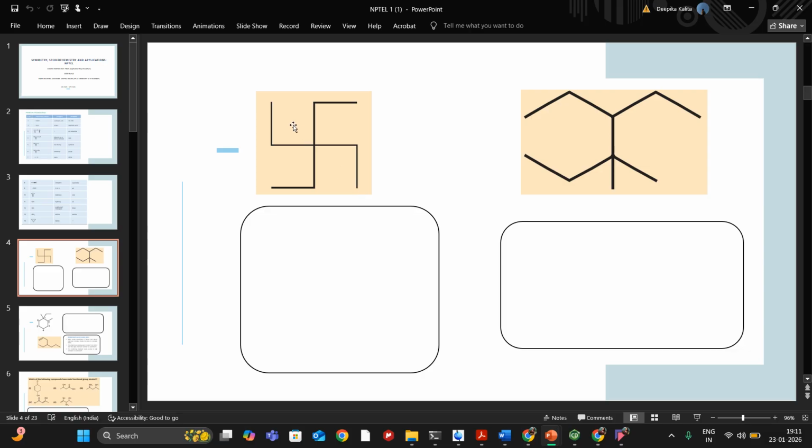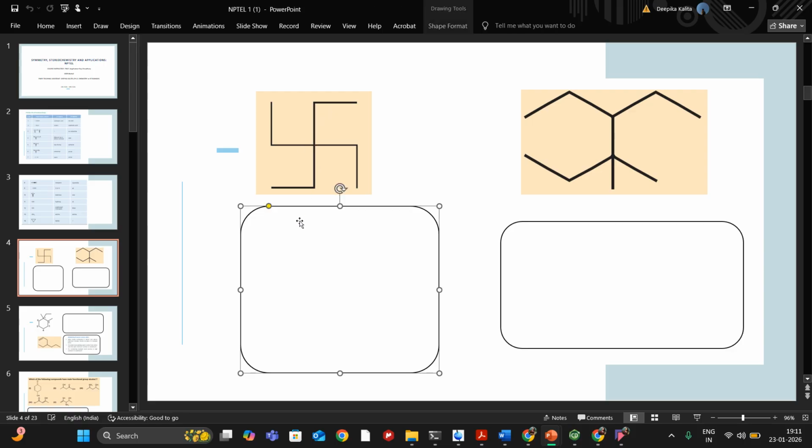If we consider this as the first carbon, then we are going to have 2 different ethyl substituents on the third carbon of this compound. So till now we know that our parent carbon chain will have 5 carbons, out of which the third carbon will have 2 ethyl substituents.